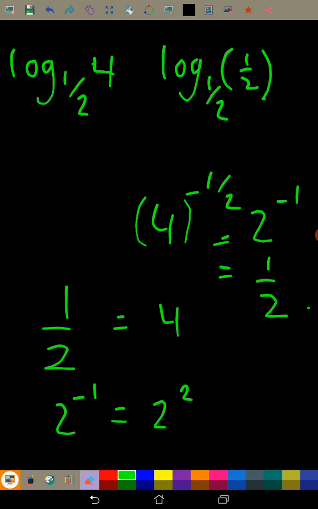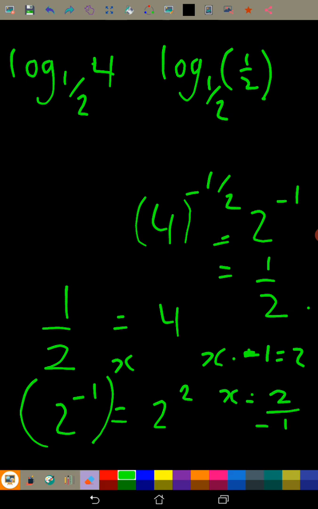So what I need to do is to multiply by something here. So what do I need here? I need x times minus half minus 1 is equal to 2. So x is equal to 2 divided by minus 1.